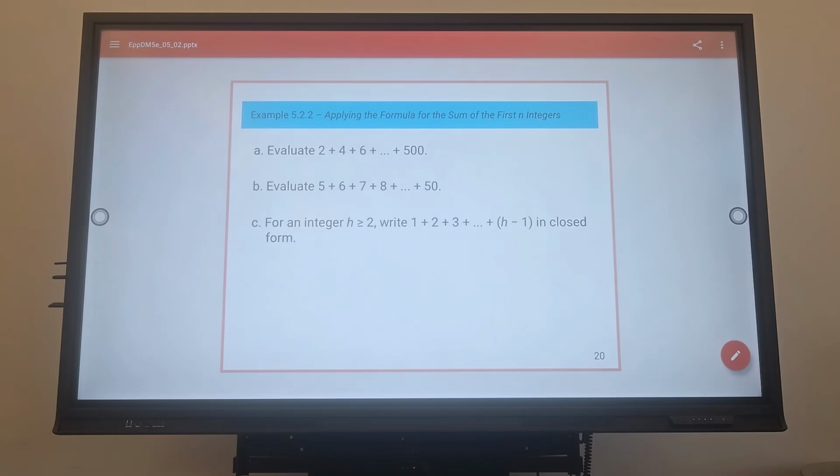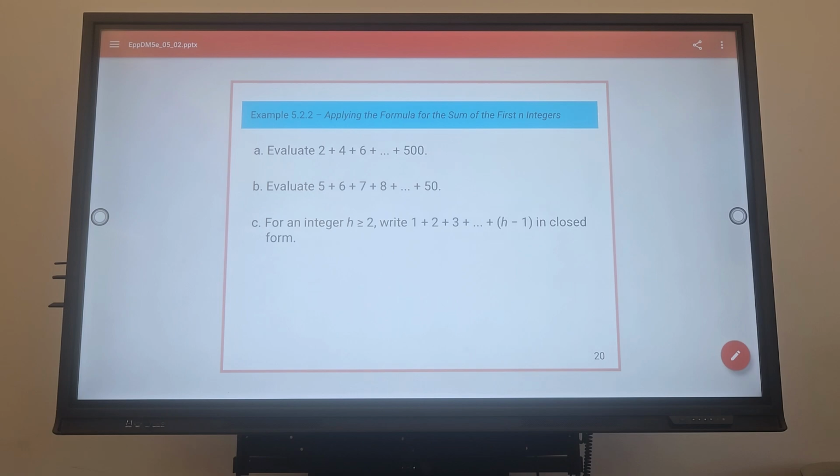So, applying the formula for the sum of the first n integers, evaluate these equations. Well, just multiply things out.